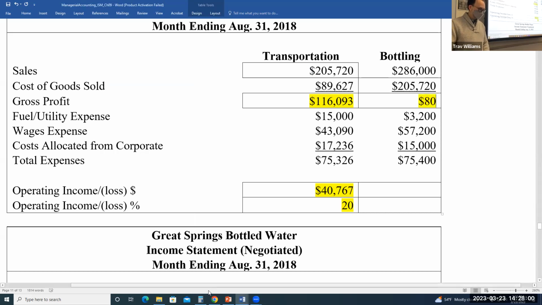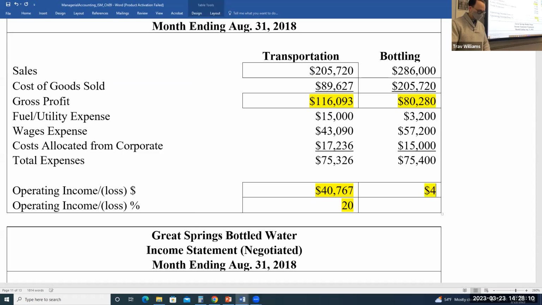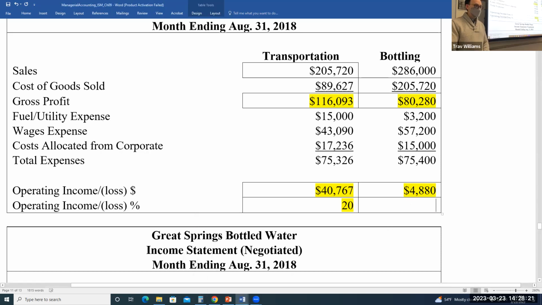Was that 280? Subtract expenses, 4,880. And that is 2%. Okay.